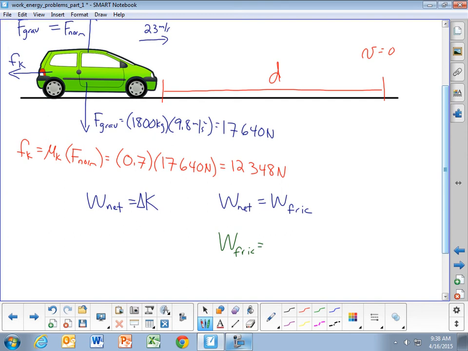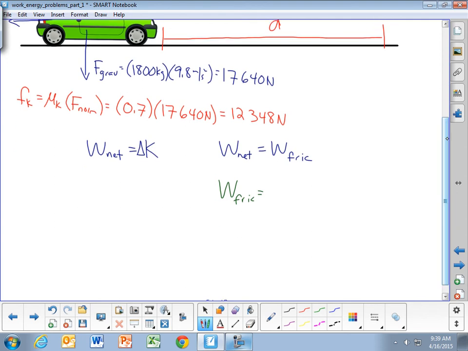So if a force is in the same direction that the object is moving, that force does positive work. If the force is opposite the direction it's moving, that force does negative work. So this work done by friction is negative. And then we have the force of friction, which is 12,348 newtons. And then we have the distance d that it slides, which we don't know.